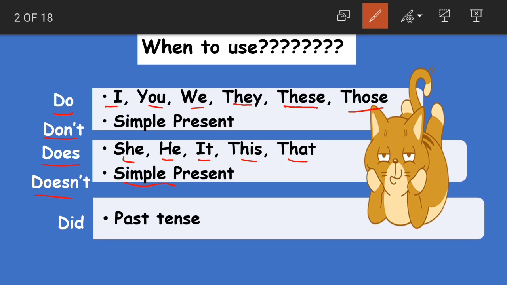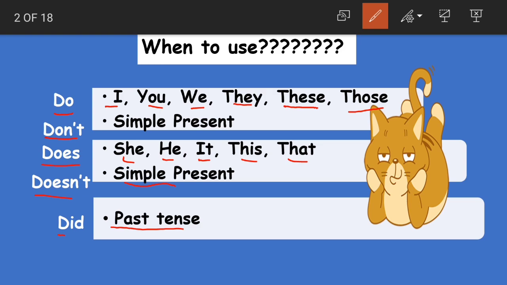And did. So when do we use did, children? We use did for past tense. Past tense is the action which has already happened, the action which is already completed. So that is past tense.